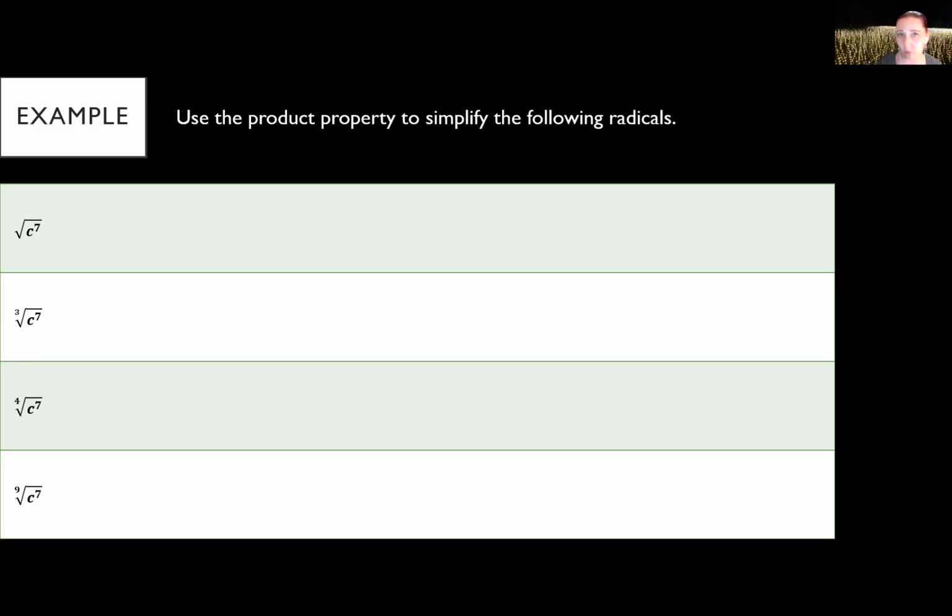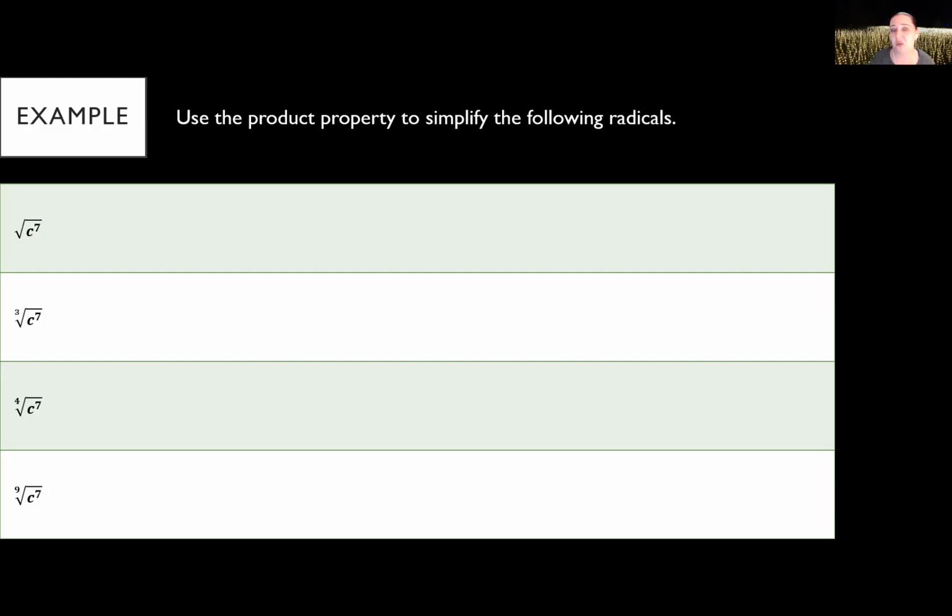So we're going to use the product property. I'll start with the square root. The goal with the square root is that you want to rewrite c to the 7th so that the exponent is an even number, because then you can divide it by 2, or we could just keep splitting it into groups of 2.